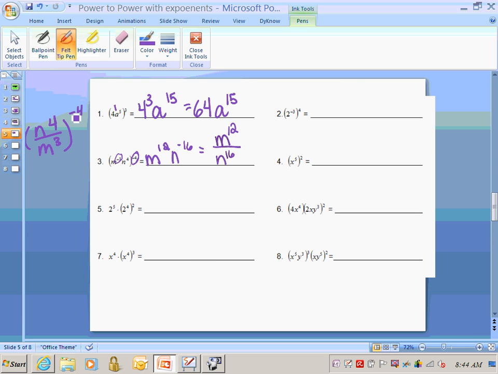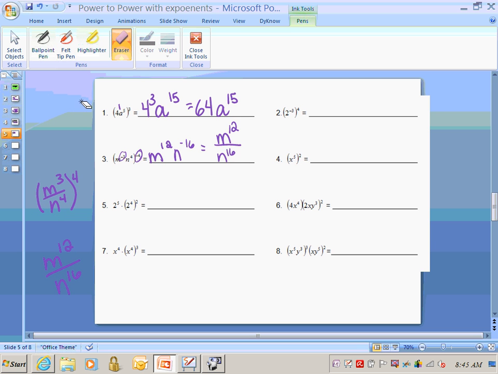Now, since this is negative, to fix that I could flip my fraction, right? So I could have m cubed over n to the 4th, make this a positive 4 now, and then distribute. So then I would have m to the 12th over n to the 16th, which is our same answer. You see what I'm doing? So that way would be correct.